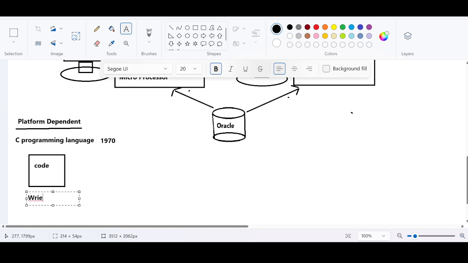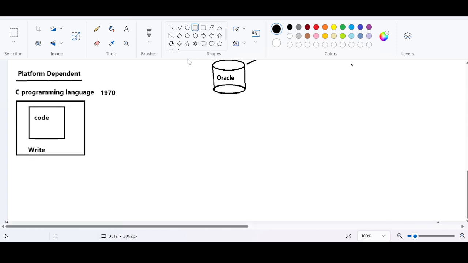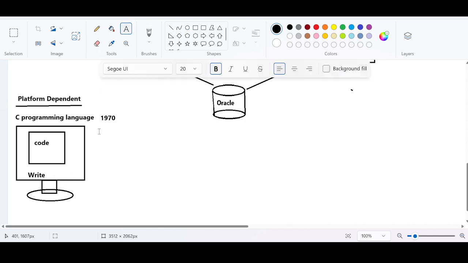Also imagine that this code is written on Windows. Those days, there was no concept of the Windows operating system. There were many operating systems, Linux I can say, Unix I can say. Windows was not there in the market. If you write code in any operating system, you can run that code only in that specific operating system.